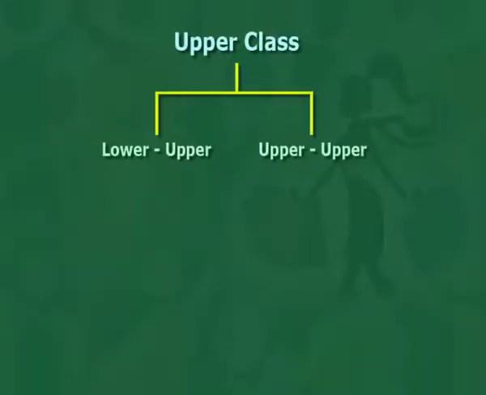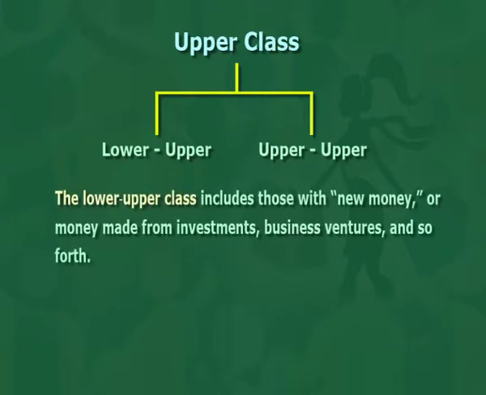Comprising only 1 to 3% of the United States population, the upper class holds more than 25% of the nation's wealth. This class divides into two groups, lower upper and upper upper. The lower upper class includes those with new money, or money made from investments, business ventures and so forth.